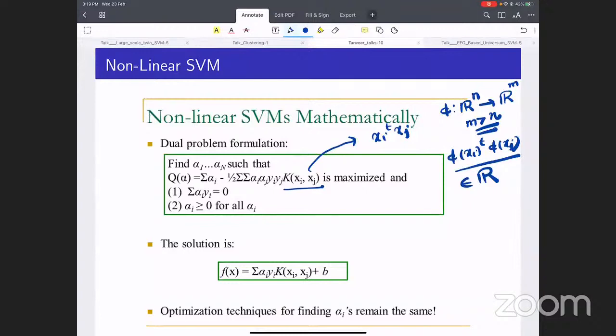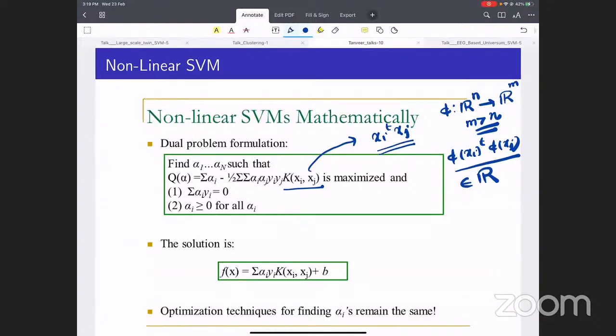So now let me just give you some clarity. Earlier we were working on linear SVM, and it was easy to solve, and you see that the dual problem is just some dot product of vectors and we solve it.